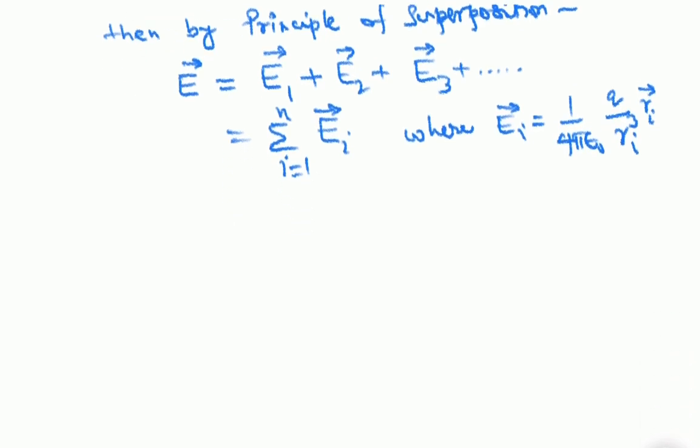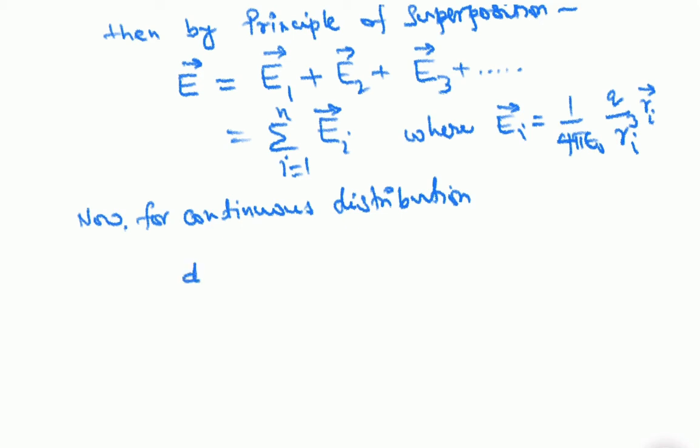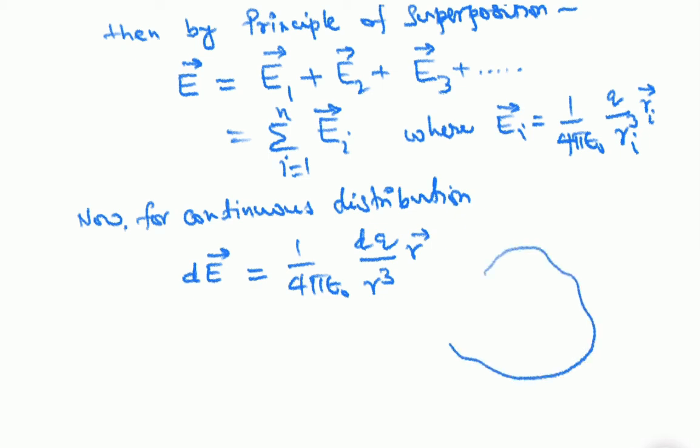Now for a continuous distribution, we can write the electric field as dE is equal to 1 by 4 pi epsilon naught dq by r square into vector r, and this is because of the small element.